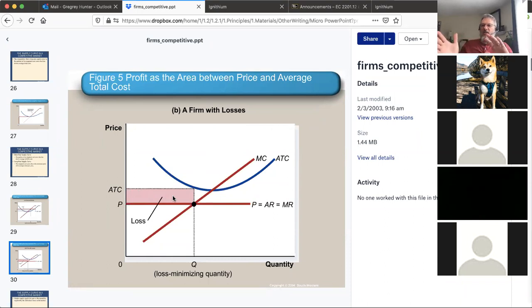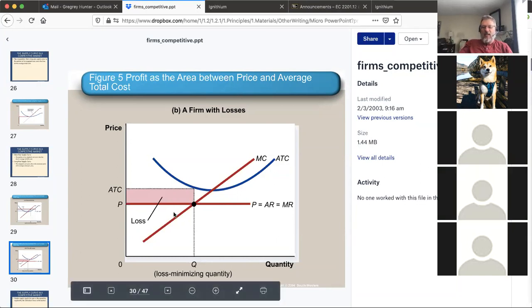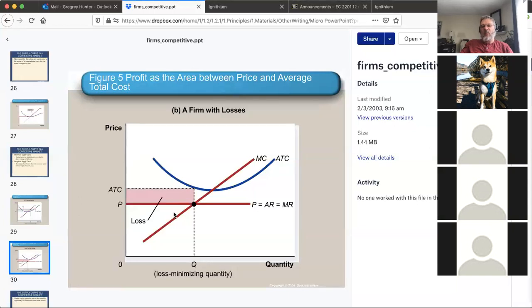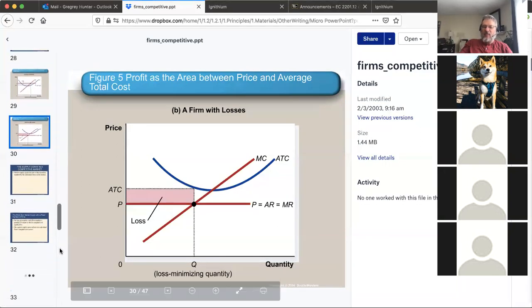So profits and losses are the same idea, a negative of profit is a loss, so we can measure it the same way on our diagram. And also, we would say that maximizing profits is consistent with minimizing losses. If the firm can't maximize its profit, then it will operate by minimizing its losses. Okay.